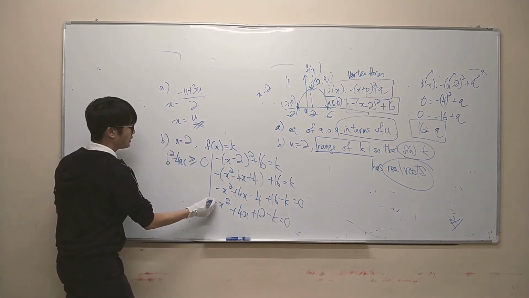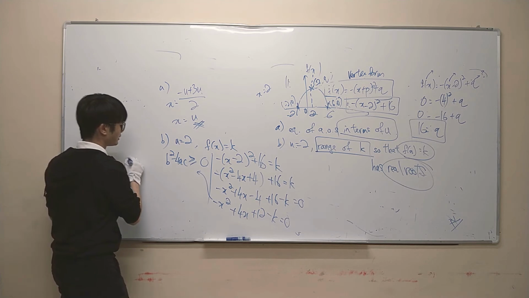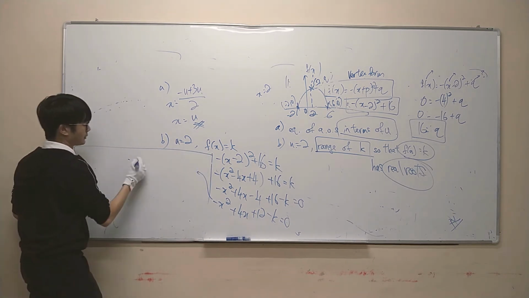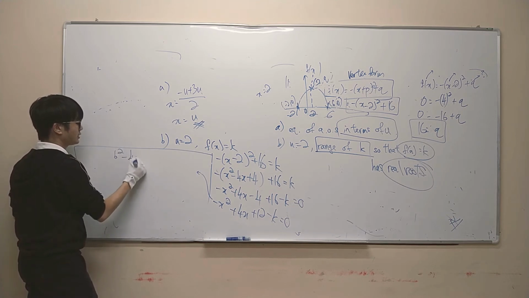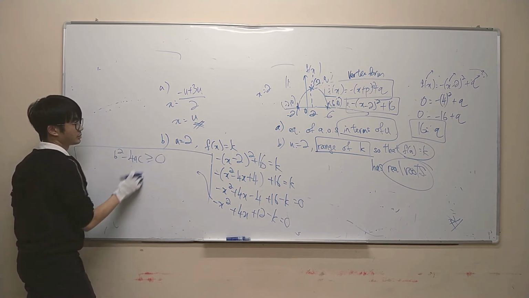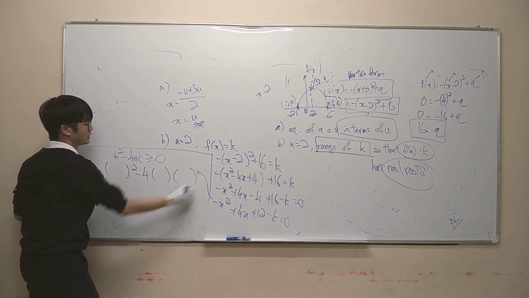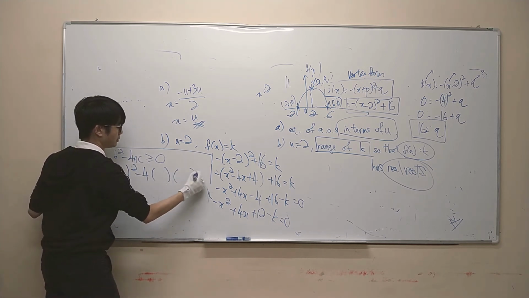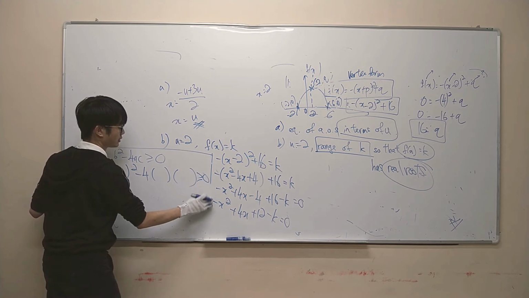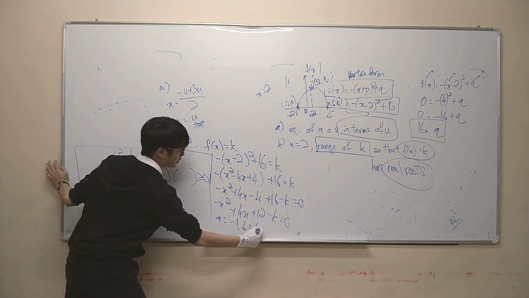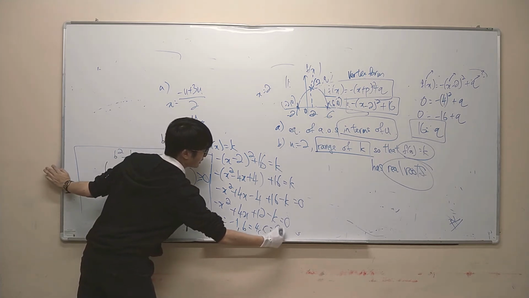Okay, now I can masuk dalam formula. So b squared minus 4ac bigger equals 0 because they say has real roots. So masuk b, masuk a, masuk c, and then bigger equals 0. So the a will be negative 1 here, the b is 4, the c is 12 minus k.